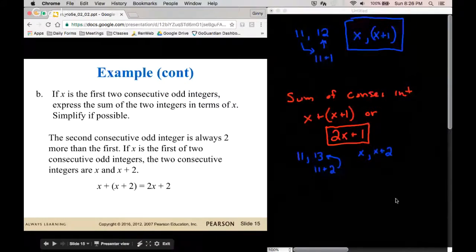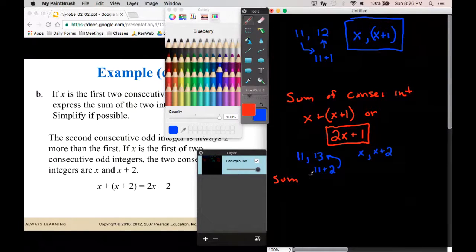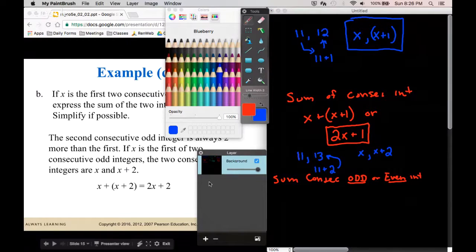All right, so when you have to add that and write it as a sum, the sum of two consecutive odd integers or two consecutive even integers, odd or even, you'll see both, you combine like terms of x and x plus 2, you get 2x plus 2.